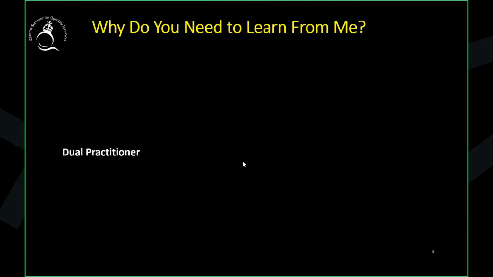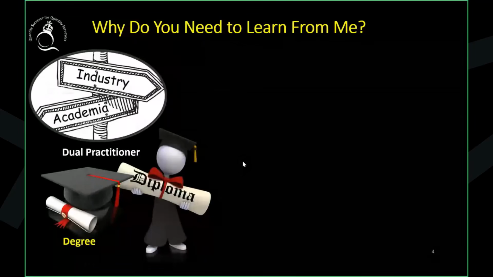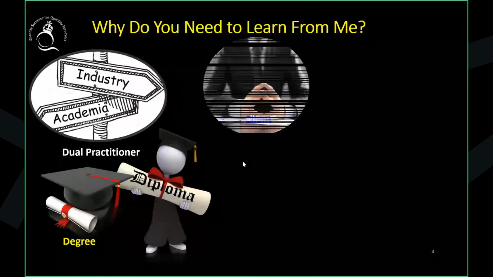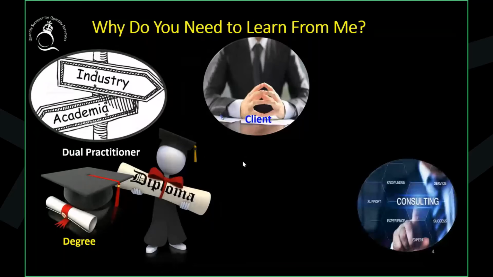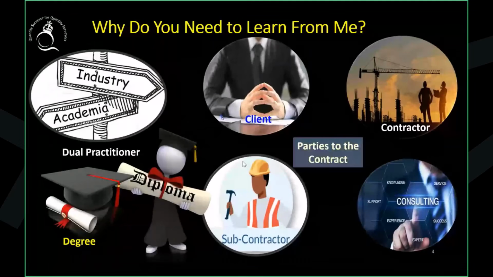a dual practitioner. Basically, I'm in the construction industry, as well as in academia. I have worked with the client, with the consultant, and with the contractor and subcontractor. Okay, these are the main parties that you can see in the contract. Not only that, I worked with so many institutions to train quantity surveyors from degree level to diploma level.